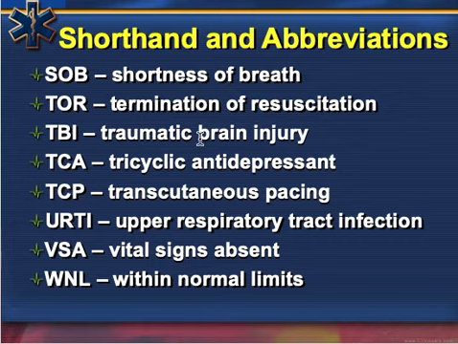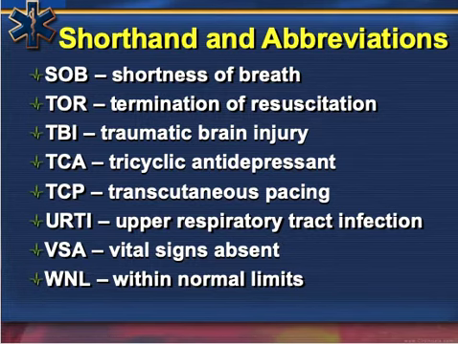TBI refers to a traumatic brain injury. TCA refers to tricyclic antidepressant. TCP refers to a procedure called transcutaneous pacing. URTI is an upper respiratory tract infection. VSA means vital signs absent, which we can translate into plain language to mean that someone is dead, right?